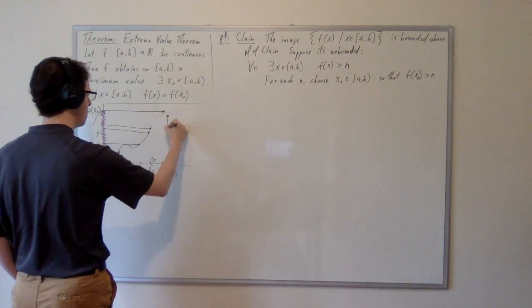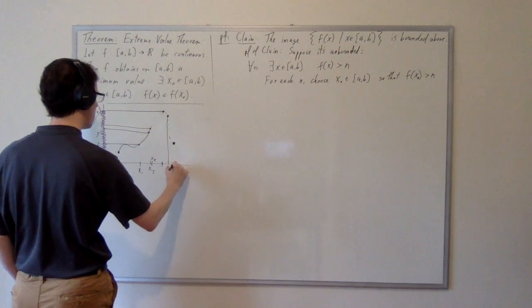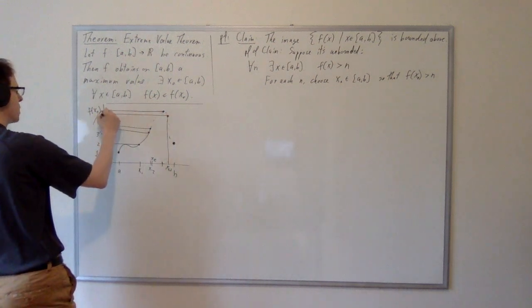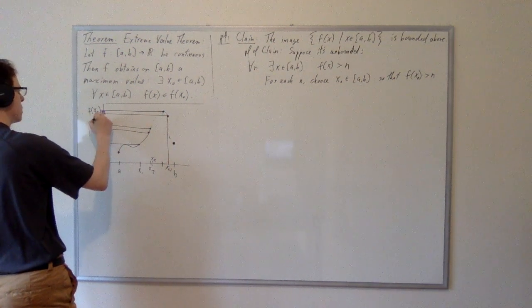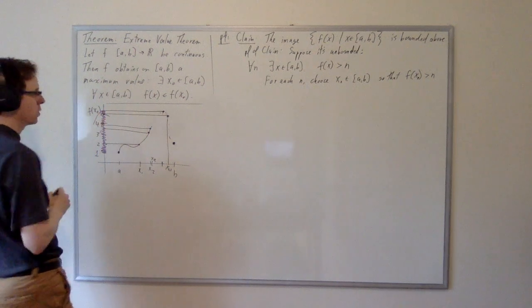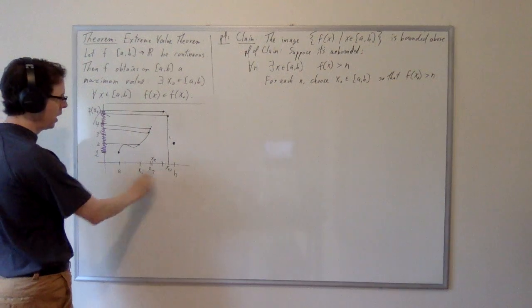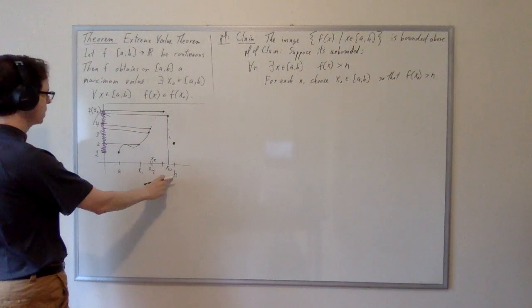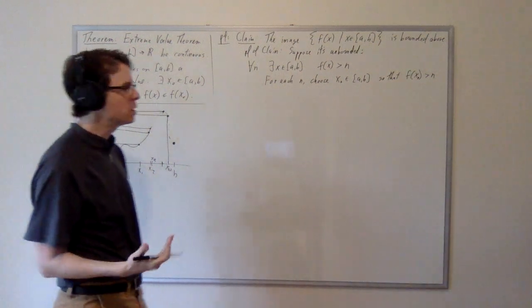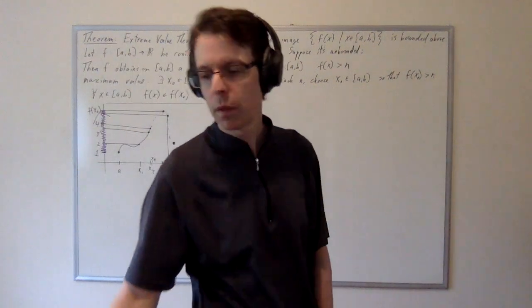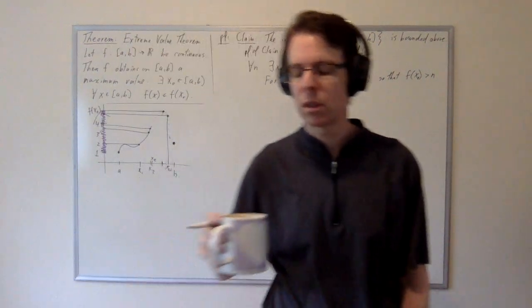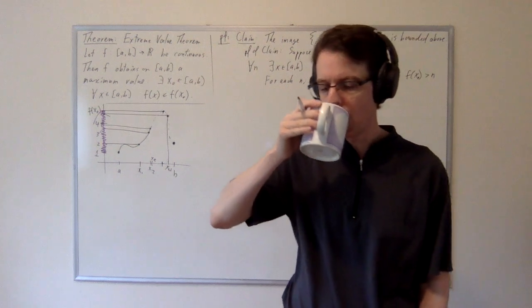And then I might have to look somewhere else to find a value x4 whose value f of x4 exceeds 4. So maybe 4 is here, and maybe this is f of x4. So I'm going to just bounce around within the interval [a, b], choosing these values x_n, where f of x_n is greater than n. I know that this is possible because I've assumed that the function is unbounded on this interval [a, b].